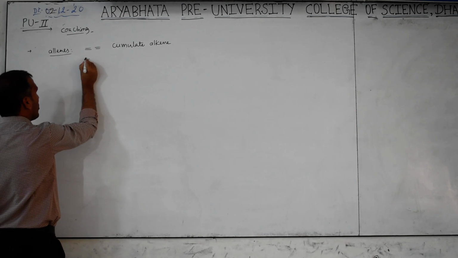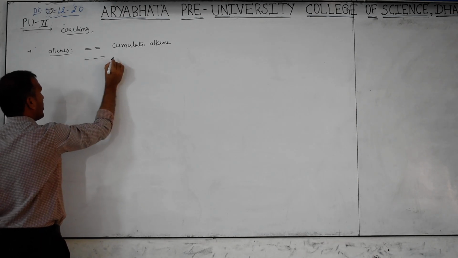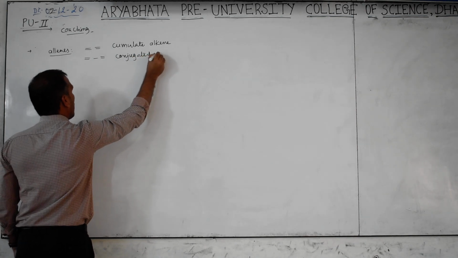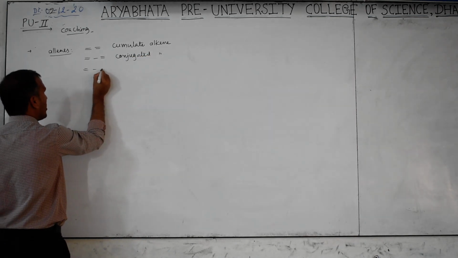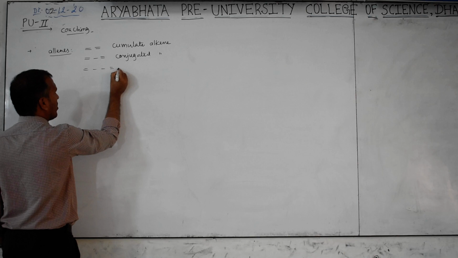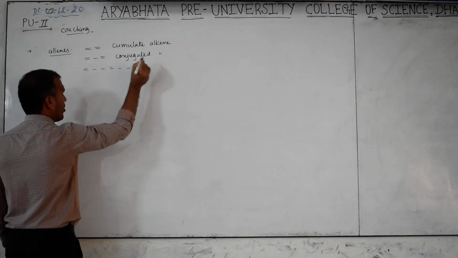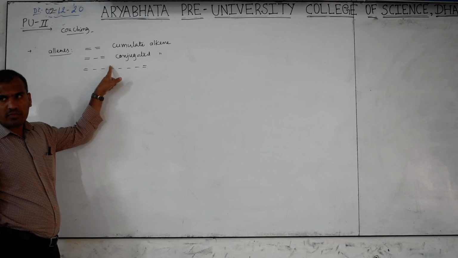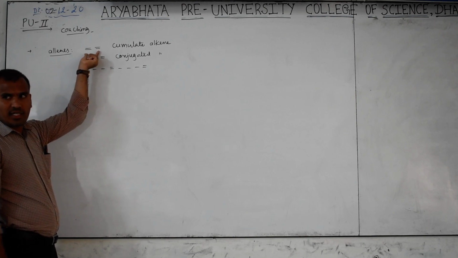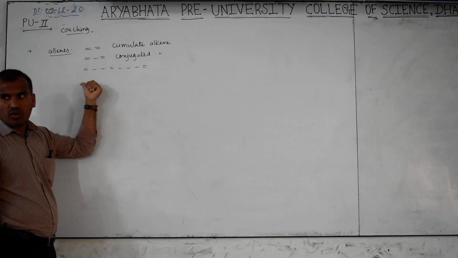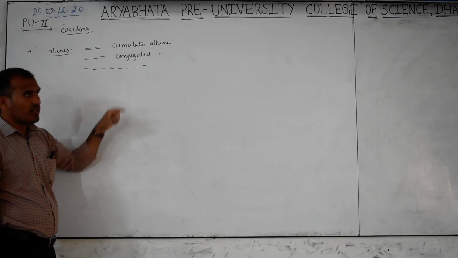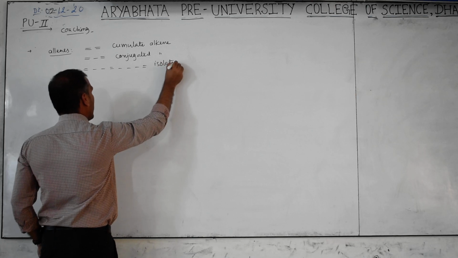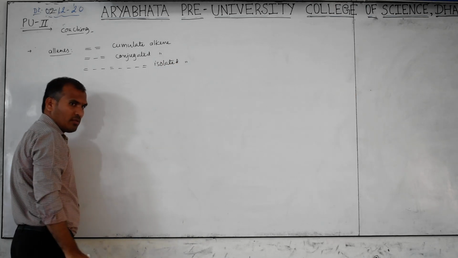If there is a double bond, single bond, double bond, what do you call it? Conjugated alkene. Double bond, single bond, single bond, single bond, double bond: this is not alternate. There is no regularity, so it is called isolated alkene.